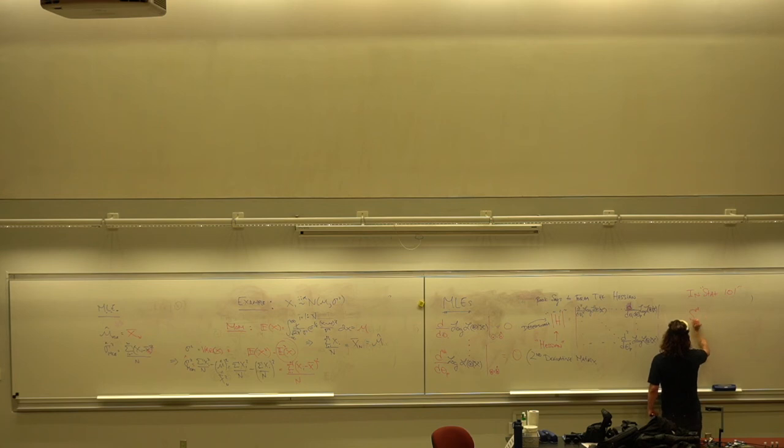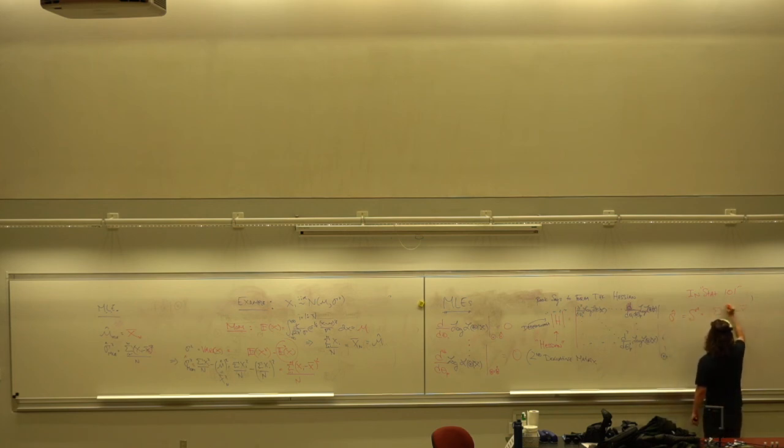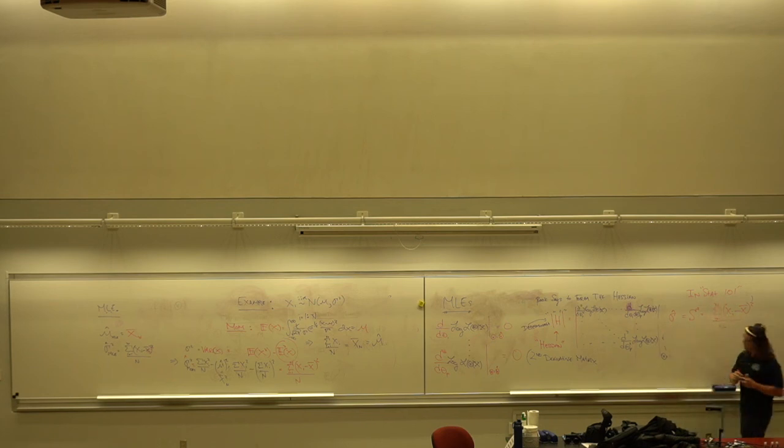We let that be equal to our estimator. And this thing is sum of the xi's minus x bar squared divided by n minus 1. So both the MLE and the MOM procedure gave me something different.